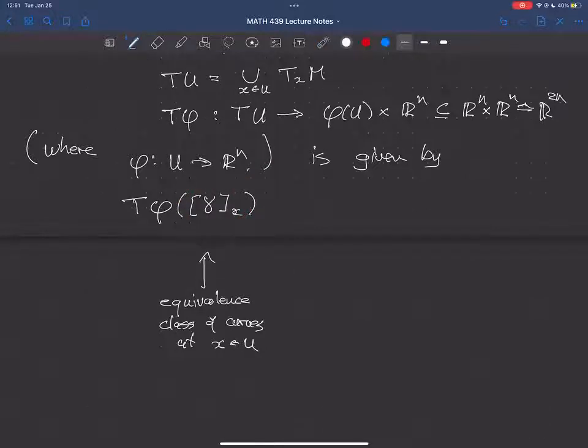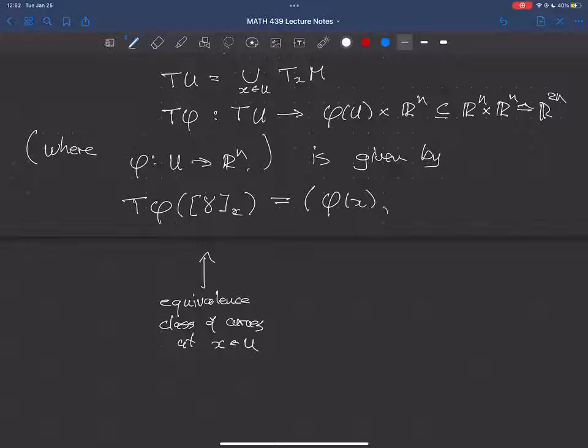Okay, so I know that every tangent vector in TU looks like this for some x. All right, so now I need to tell you what this thing does in terms of what it looks like in phi of U cross Rn. Okay, so it's going to do the obvious thing in the first component. It's going to be phi of x.